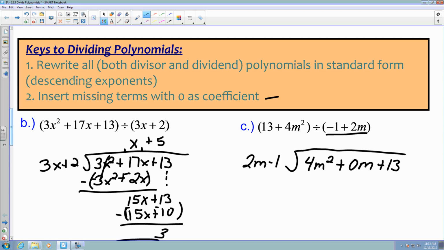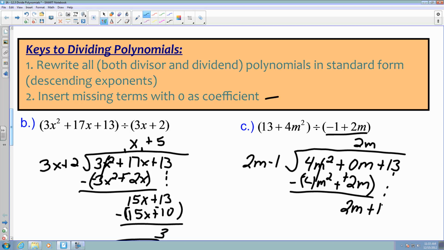So I need to find a value that'll cancel out my 4m squared. That will be 2m. So if I distribute that out, it'll be 4m squared minus 2m. And that whole thing gets subtracted. So if I distribute the negative, I have a negative here and I have a negative here, but because I got two negatives, that makes it positive, so that cancels, and this drops down to be 2m.